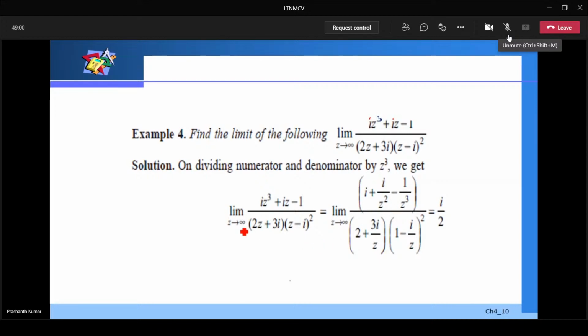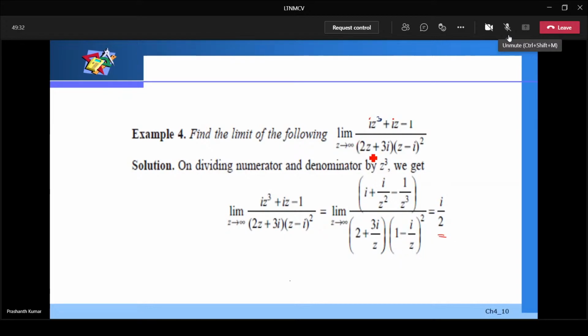In the denominator, you take z out: 2 plus 3i by z, and z minus i whole square gives z square, so z square into z is z cube. The numerator also has z cube, so both are cancelled. Now we have 1 minus i by z whole square, and this is equal to i by 2, which is the answer.